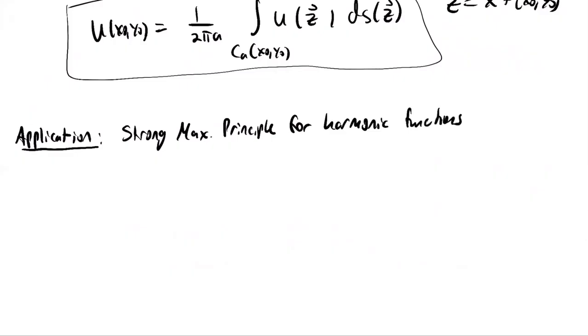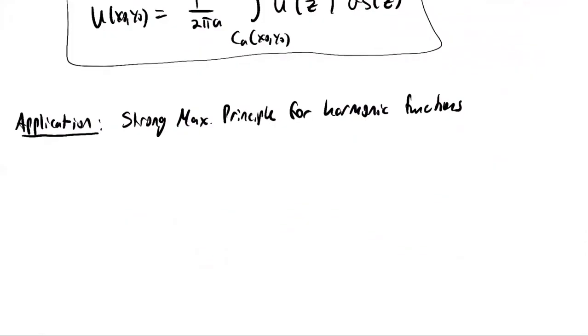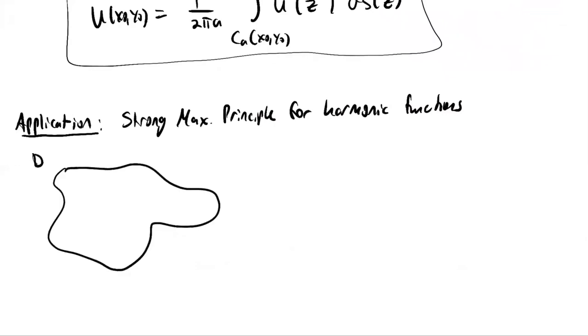Let's quickly review what we are actually trying to show here. Recall the general setup. We have some domain D, which is connected, meaning it's in one piece, and we're assuming that the Laplacian of u is equal to 0 inside this domain.